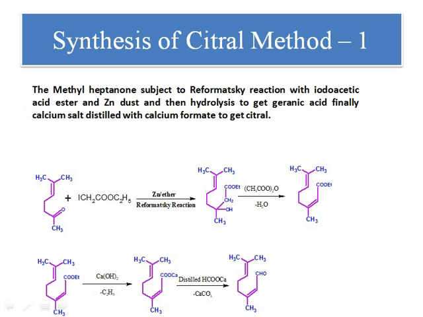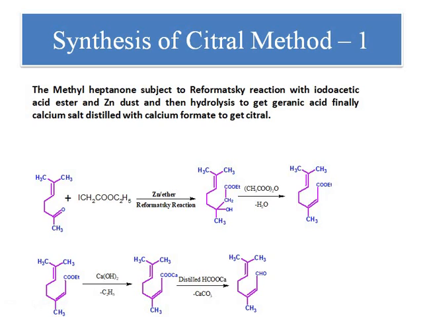You know that ester hydrolysis gives the acid, and acid can be treated with a strong alkali like NaOH to form sodium acetate, here calcium hydroxide strong alkali, so calcium acetate like this. So the calcium salt will be formed, and then after distillation with this calcium formate we get the citral, right?